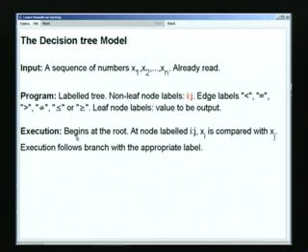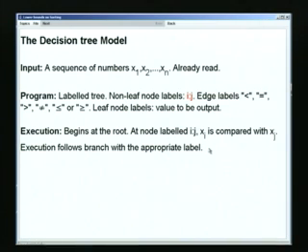The execution in this model begins at the root. At any node labeled i:j, input xi is compared with input xj. The result of this comparison is some relational label. It's either less than, equal to, or greater than. Based on that result, the execution follows the appropriate branch.